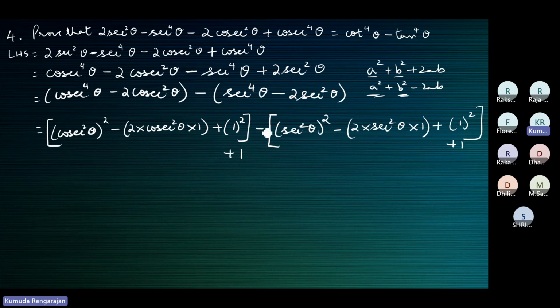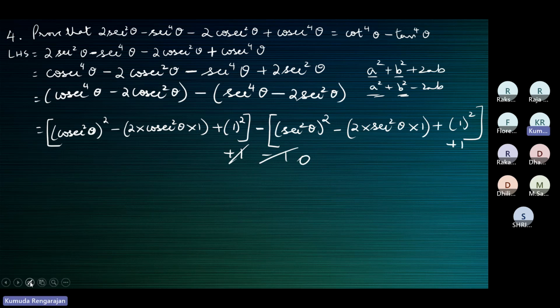But you can see the sign outside, it's minus. So it's like plus 1 and minus 1. Because this is plus 1 inside the bracket, but there's a minus outside, so it's actually minus 1. And plus 1 and minus 1 is 0.